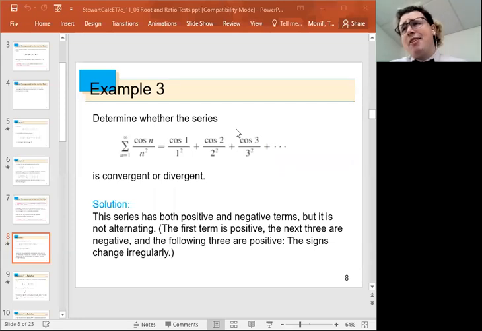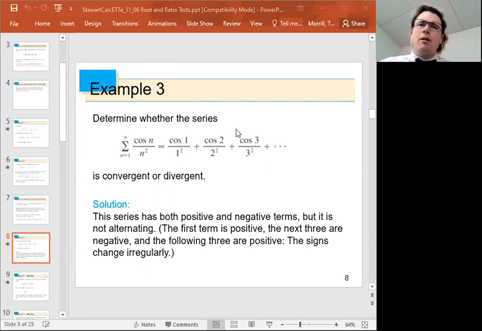Well, sometimes my cosine function is going to be positive, and sometimes my cosine function is going to be negative, but the cosine function is periodic where its period is 2 pi. It's an irrational number.